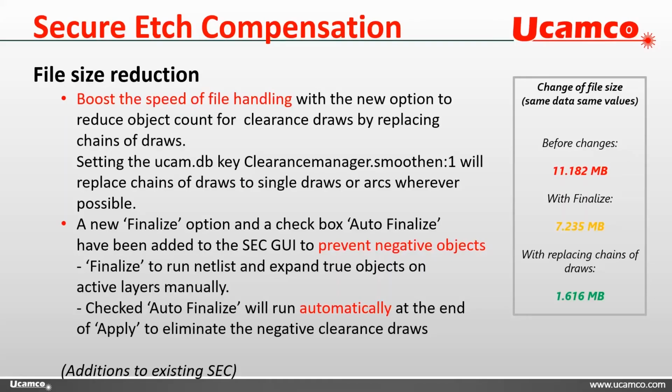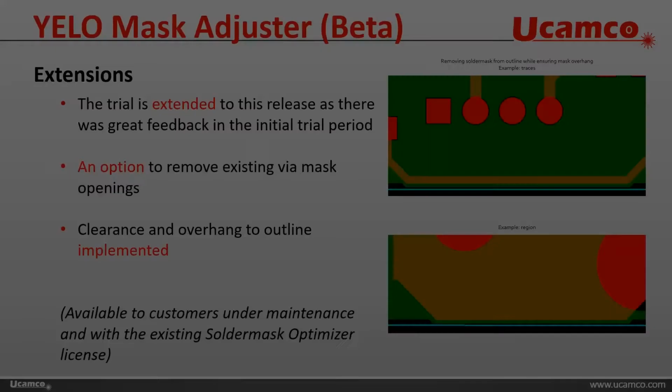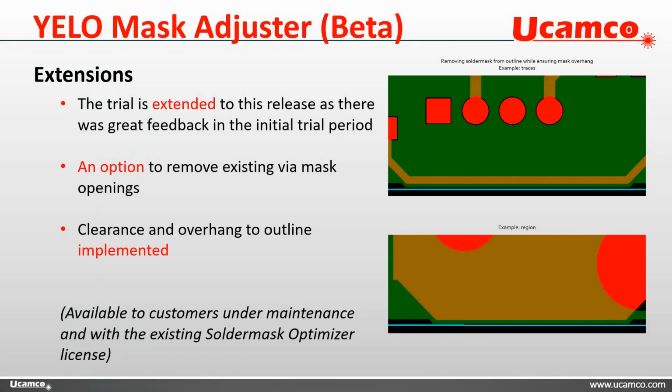The next highlight on our list is bringing us back to our YELO suite. The YELO Mask Adjuster is a beta version, and the trial is extended to this release as there was great feedback in the initial trial period. An option to remove existing wire mask openings was added.